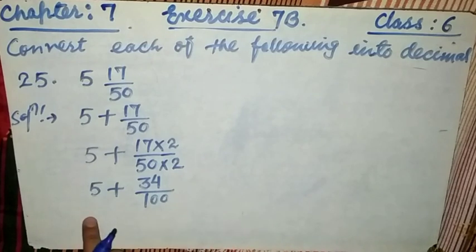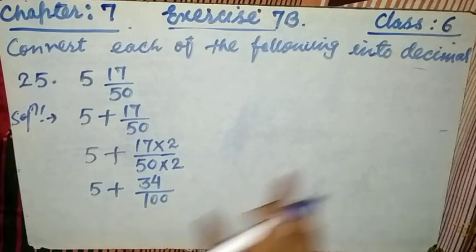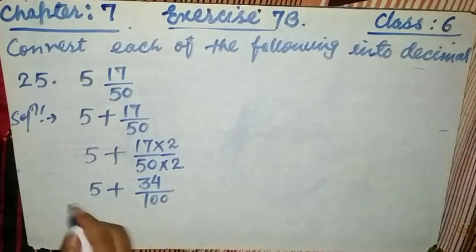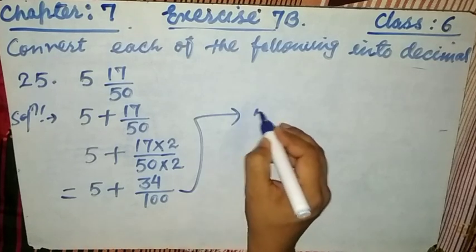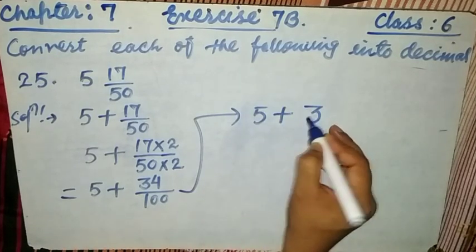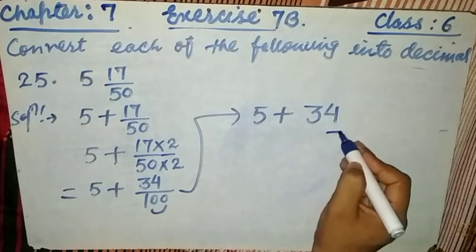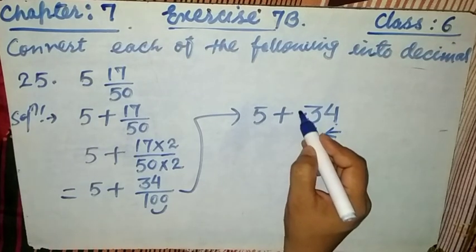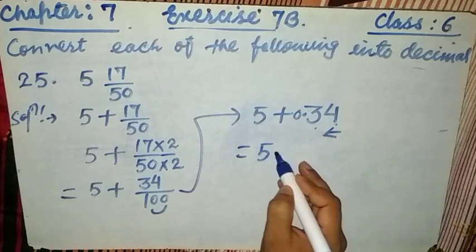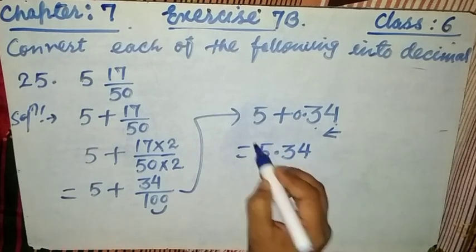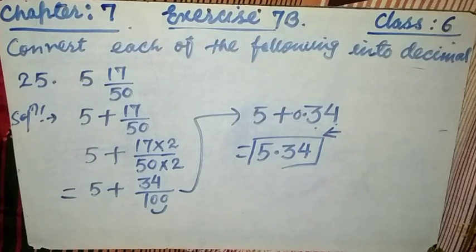And you know friends, a decimal fraction can easily be changed into a decimal. Why friends? Have a look, 5 is as it is. Now write the numerator and count the number of zeros, here 2 zeros, so count the digits from the right-hand side, 1 and 2, and place the decimal. So this is 5.34, very easy friends.